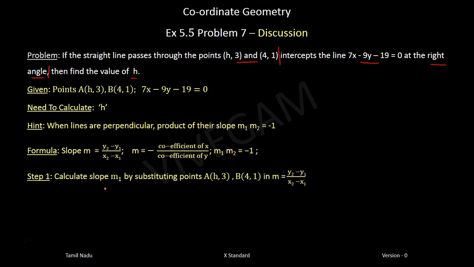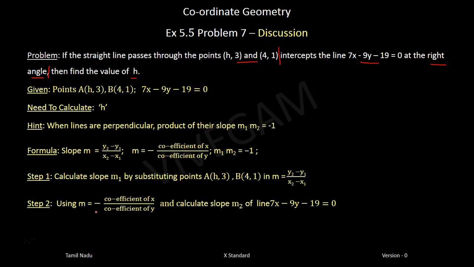Step 1: calculate the slope m1 by substituting points A (h, 3) and B (4, 1) in m equal to y2 minus y1 divided by x2 minus x1. Substitute these two points and you'll get the slope m1. Next, using m equal to minus coefficient of x divided by coefficient of y, calculate the slope m2 of the line 7x minus 9y minus 19 equal to 0.